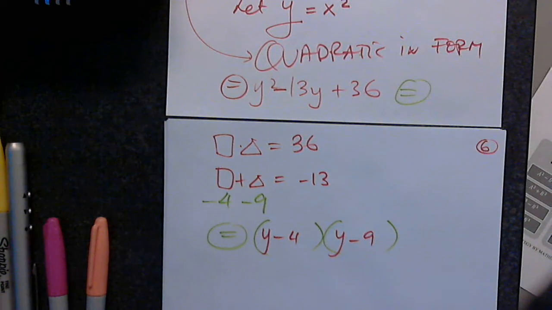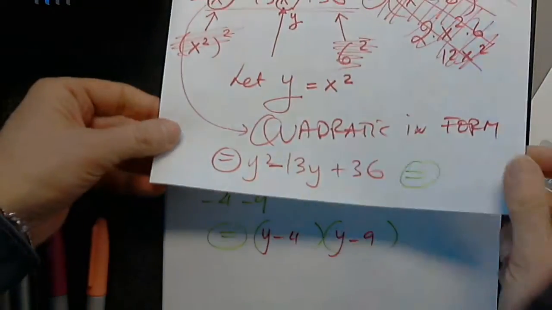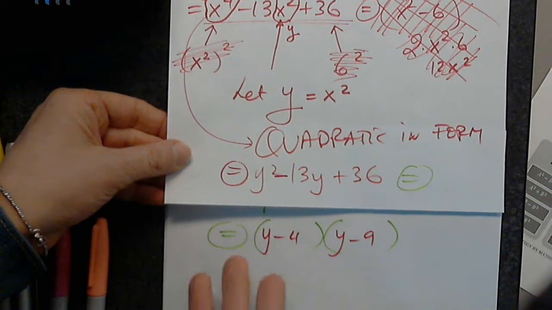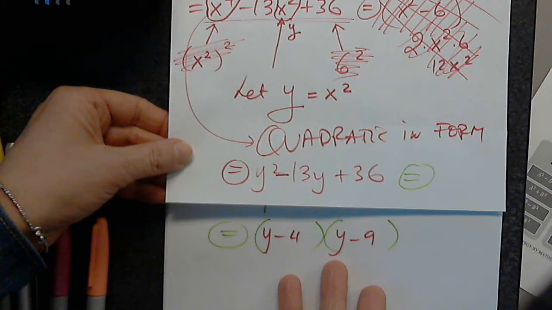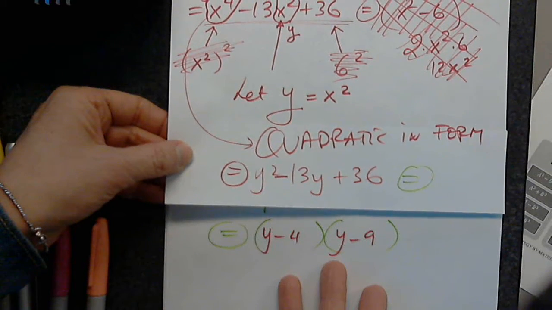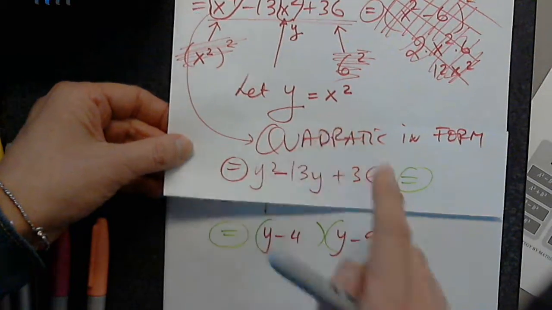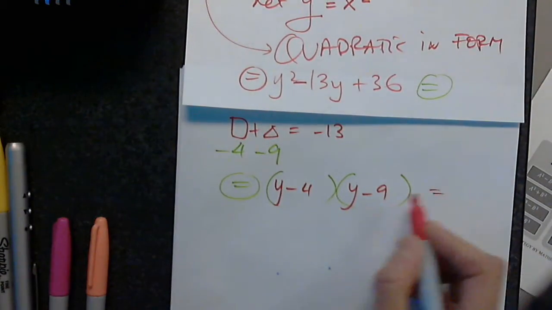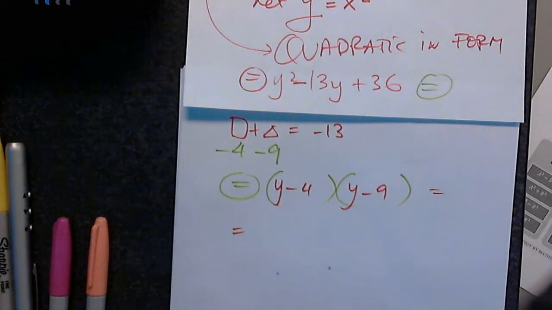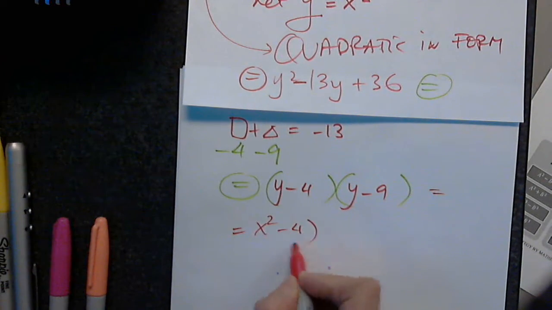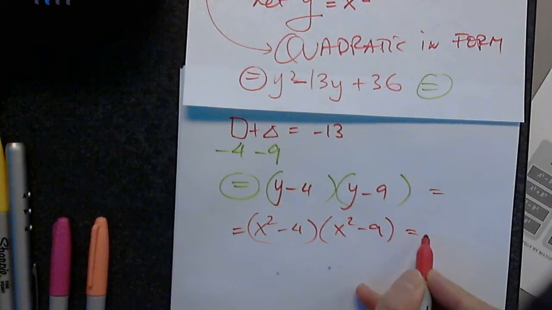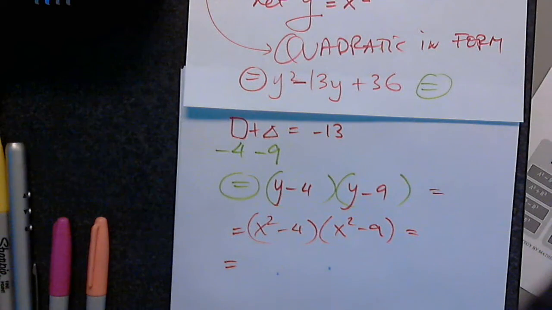But I know what we denoted by y. So what will I replace y by in this expression? Probably x squared. Right? Exactly. That's why we said let y be x squared. So then this becomes, can anyone dictate now? X squared minus 4, x squared minus 9. Very good. However, it's not done. How come it's not done? Because you can break down x squared minus 4. Yes, and x squared minus 9. How?